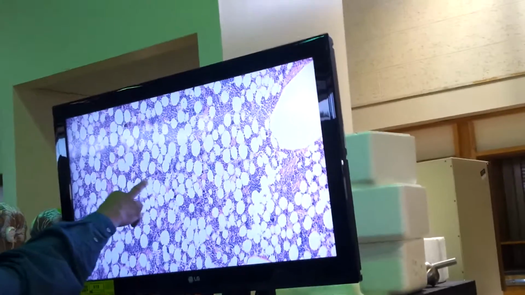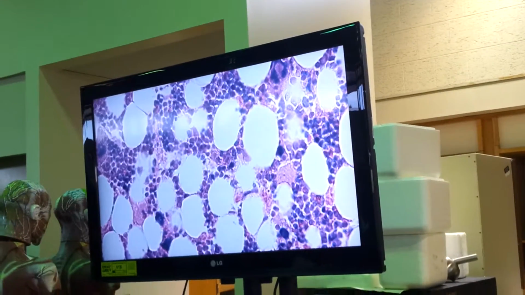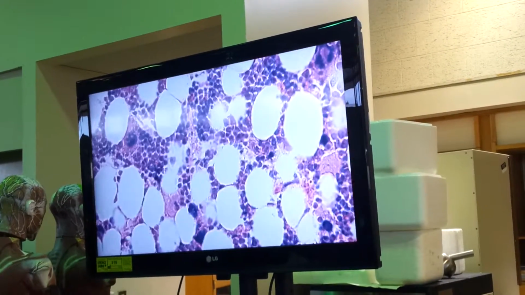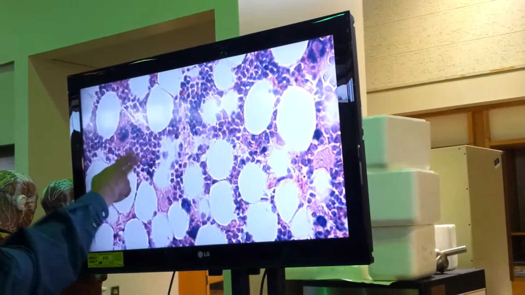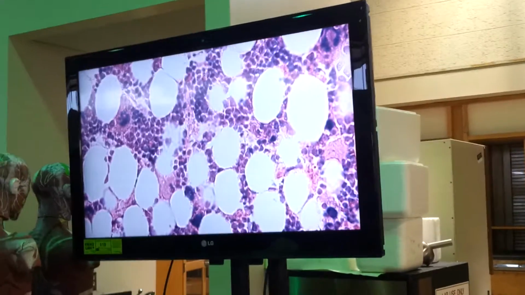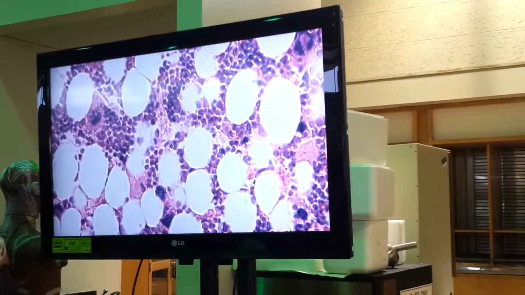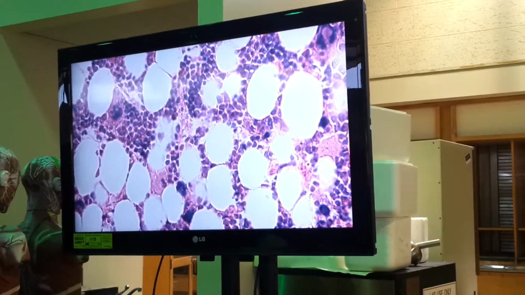The other cell types, you see many cells here. Let me go to high magnification. See megakaryocyte here, the big one? So all these cell types here are the different stages of formation of red blood cells and white blood cells. So you can just call them immature blood cells.